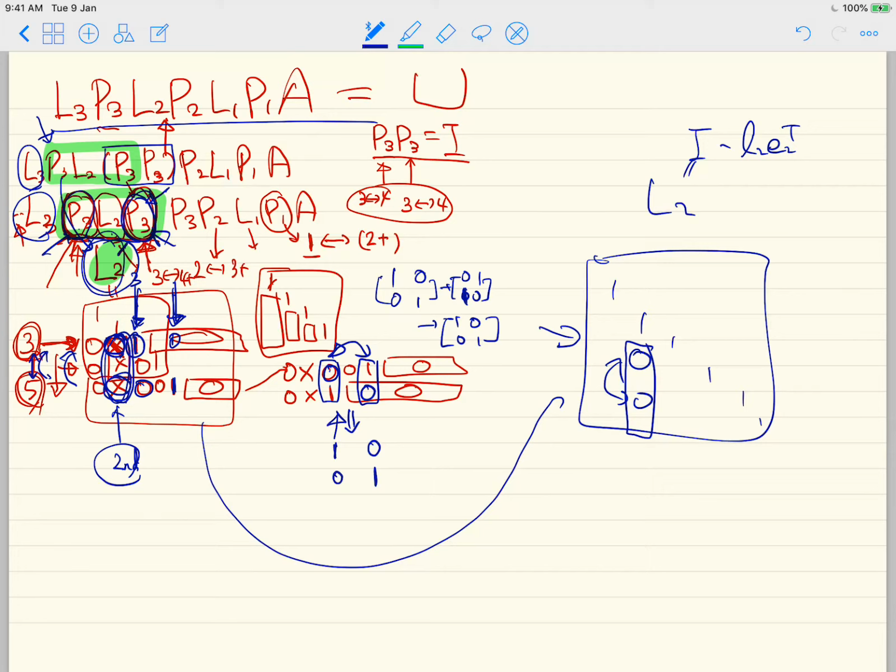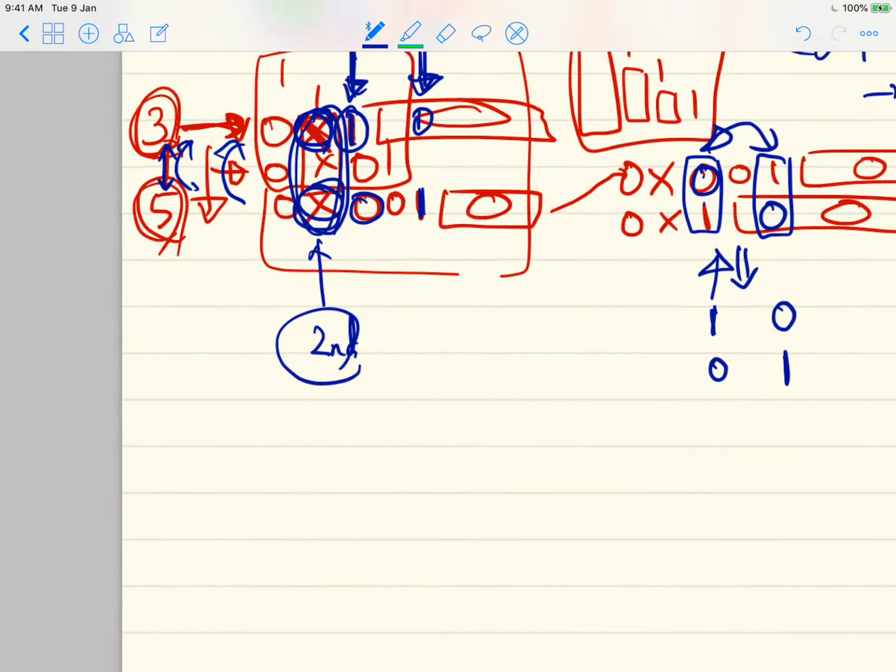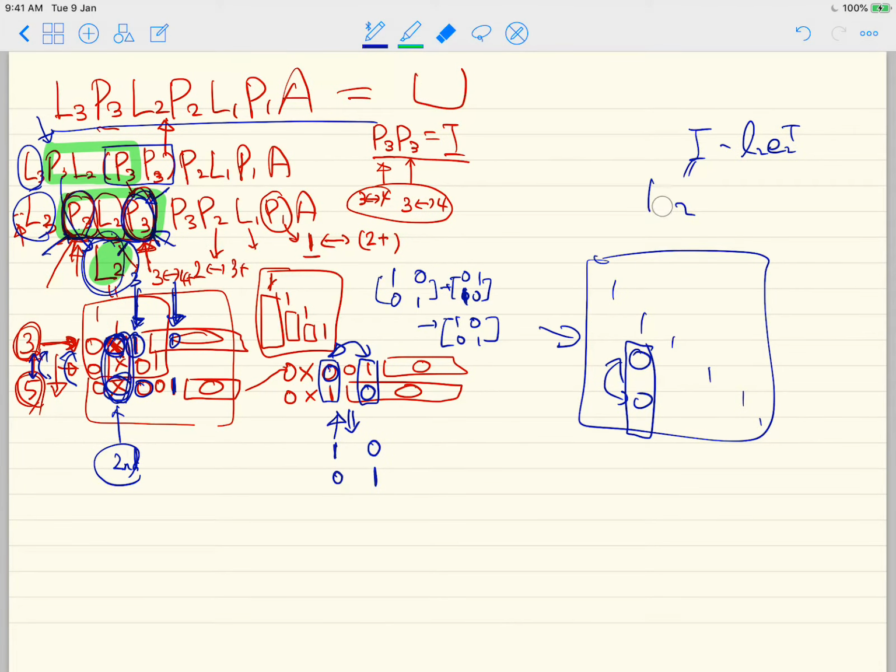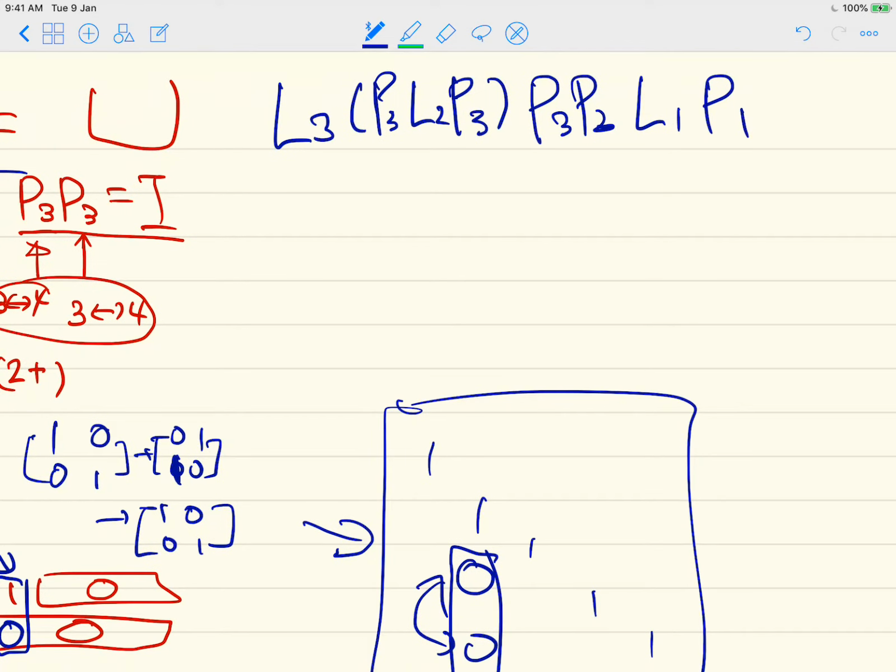Okay, so from here, we do one step further. We now have L3 and P3, L2 and P3 and P3, P2 and L1 and P1. Okay, and then now we want to push this to the right of this L1, right?